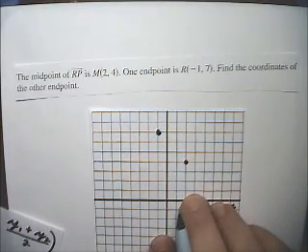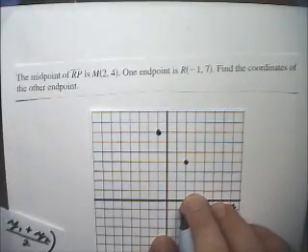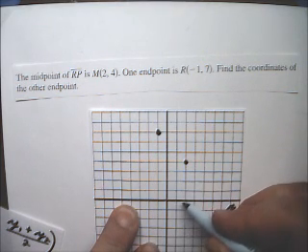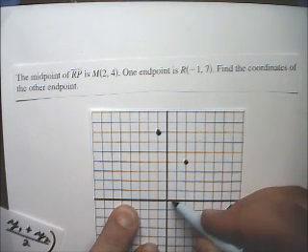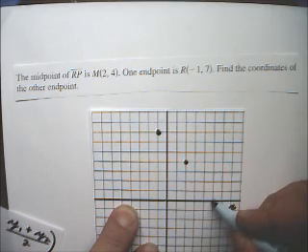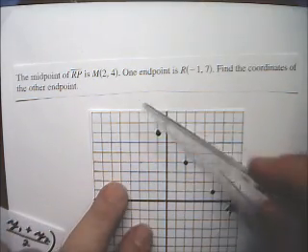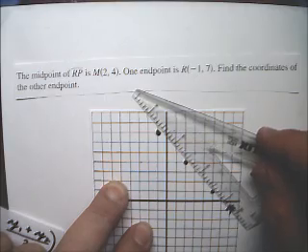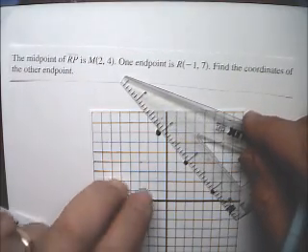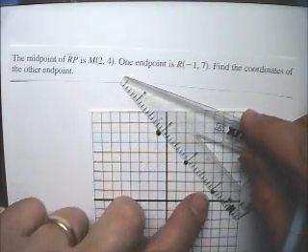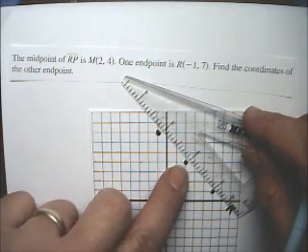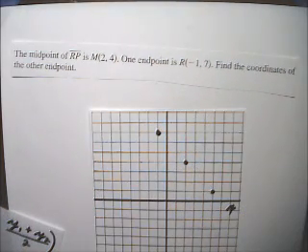And I figured out that the other endpoint is 5, 1. 1, 2, 3, 4, 5, 1. And it looks like it makes sense. You see, they are in a straight line. I got the 3 there, the 2 there, and the 1 there, so I have figured it out correctly.